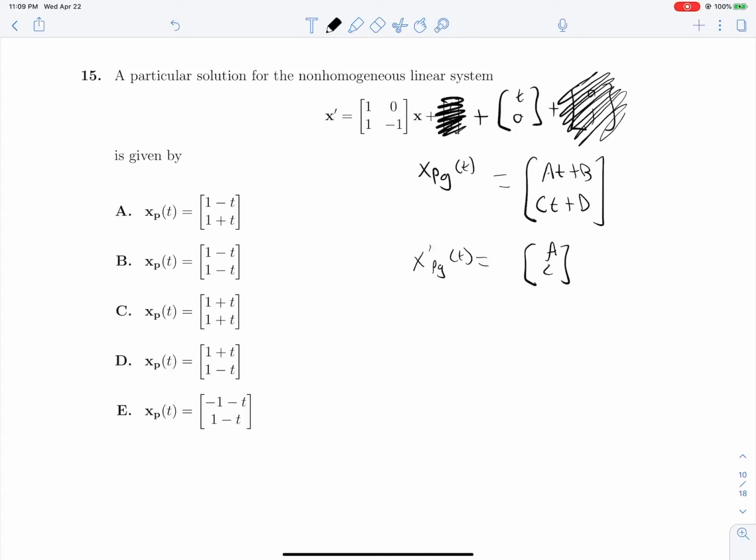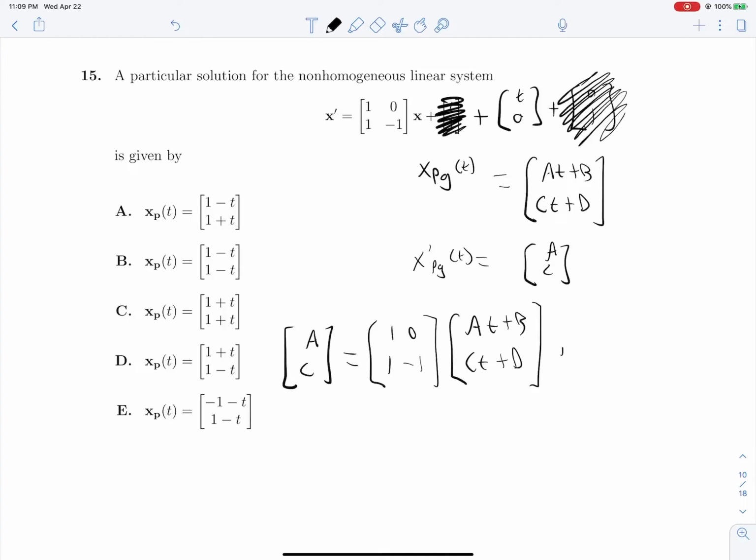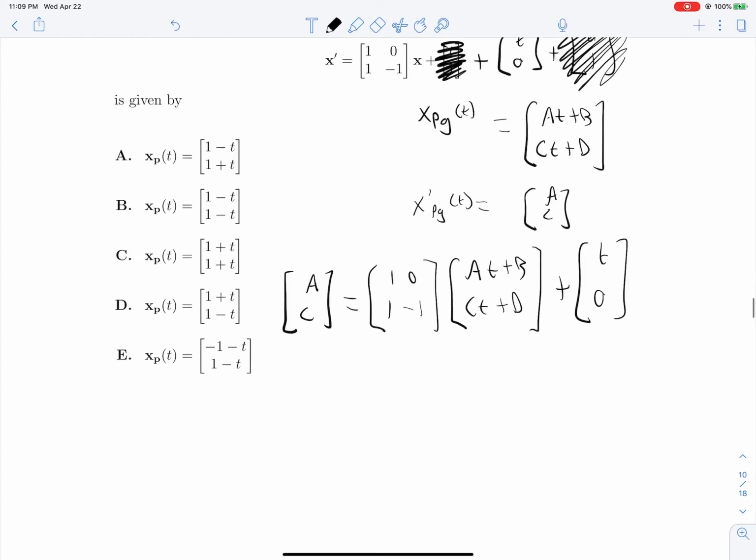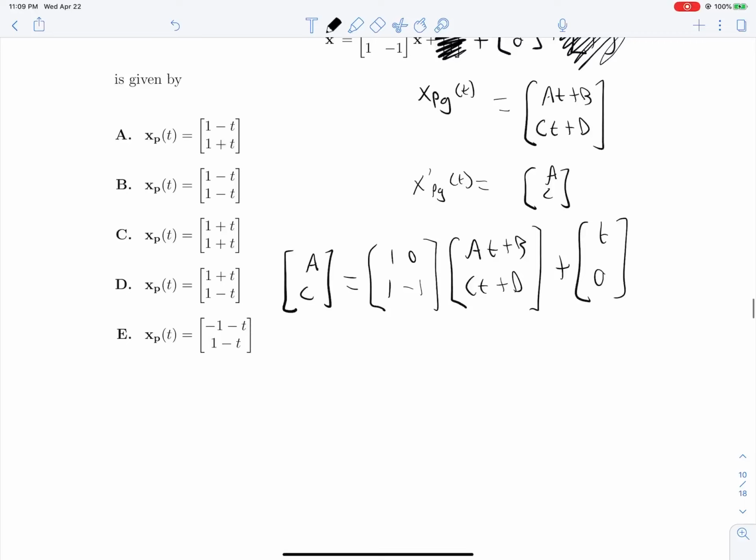So let's plug this into our equation. (a, c), that's x prime, is equal to the matrix (1, 0; 1, -1) times (at plus b, ct plus d), and then we are adding (t, 0).